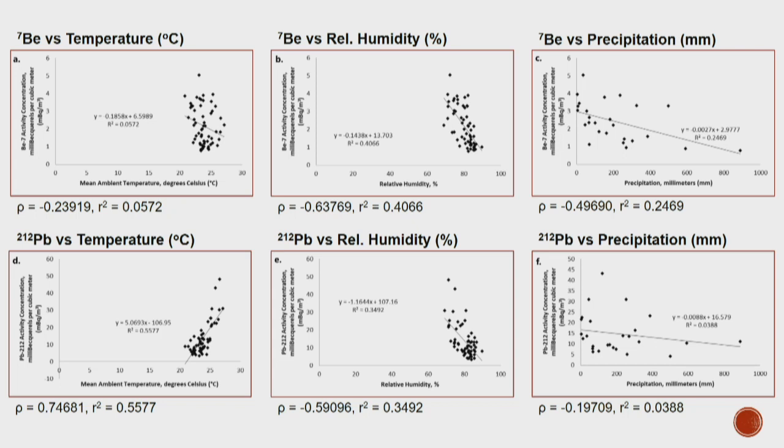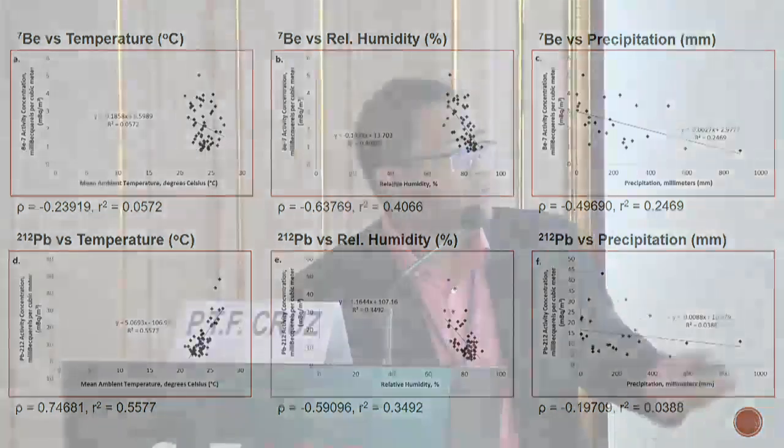Interestingly, as compared to other literature wherein it's reported that precipitation is the major factor in the removal of radionuclides in surface air, we find that relative humidity shows a higher degree of relationship with radionuclide concentrations in surface air.